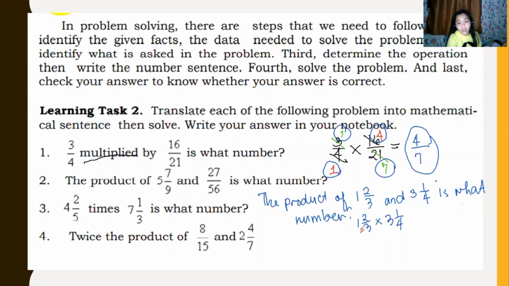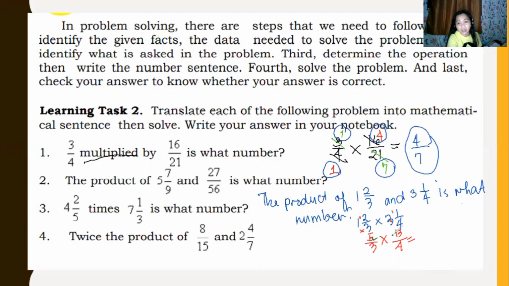Now we have 3 times 1 is 3 plus 2 is 5. Copy the denominator, 3. Then 4 times 3 is 12 plus 1 is 13. Copy the denominator, 4. Now let us multiply. Do we have anything we can cancel? We have nothing to cancel.